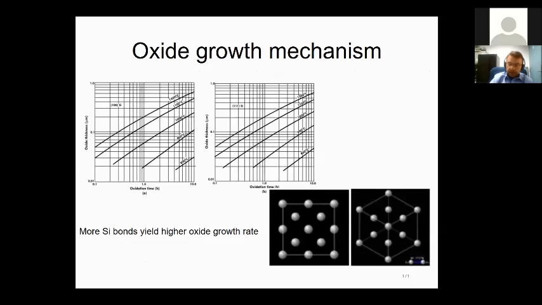Okay, so the oxidation rates and the oxide thicknesses will be depending on the temperature. So these are several different temperatures on the graph that you can see, and this is the time axis. This is time, and this is the oxide thickness in terms of micrometers.